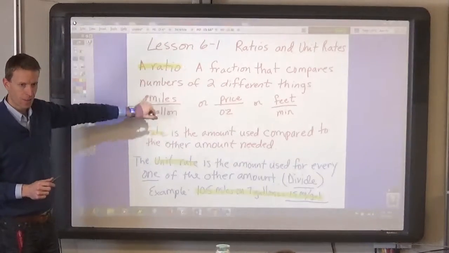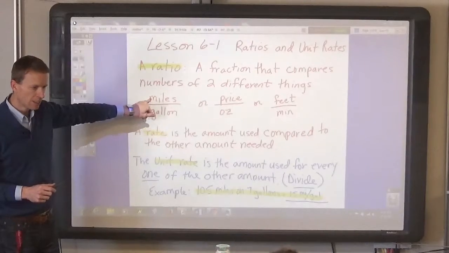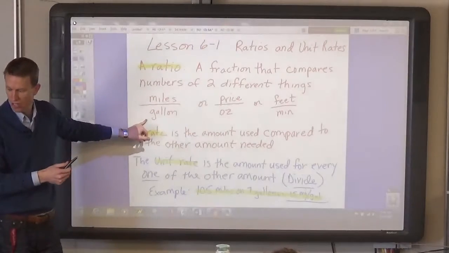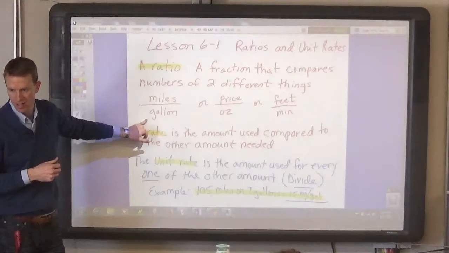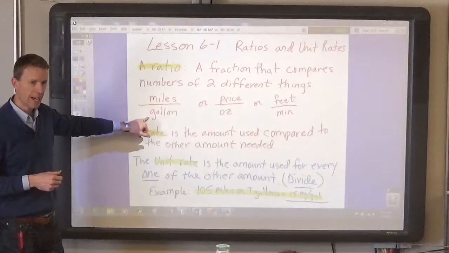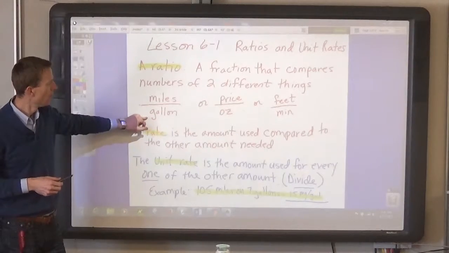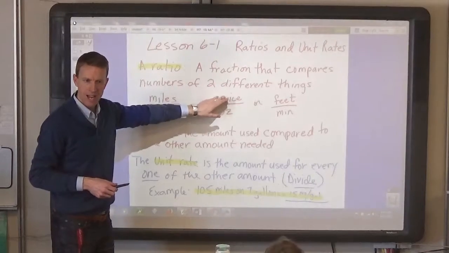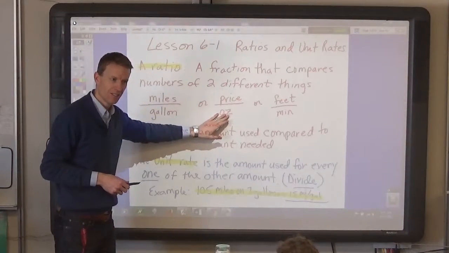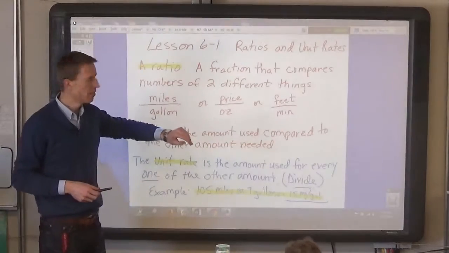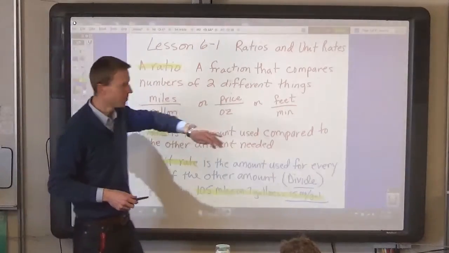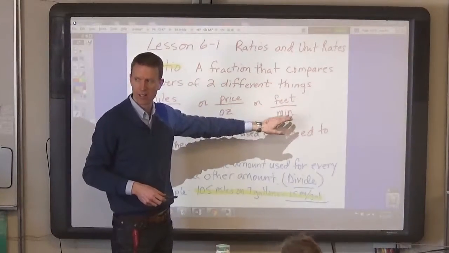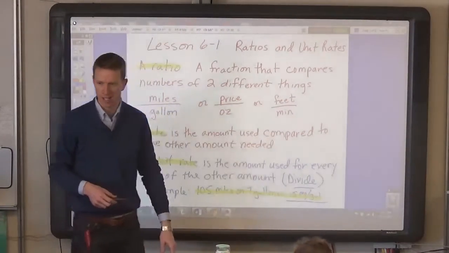Common ratios that you're familiar with are miles, comparing the number of miles you can go using the number of gallons to get there. Miles over gallons. Okay? Or the price of something and how much you get from it. Or the number of feet you can travel in a minute or a second.